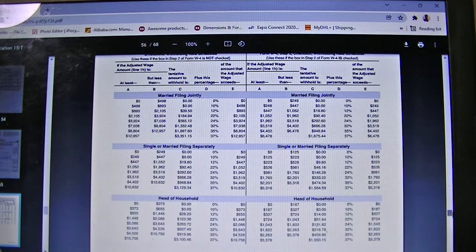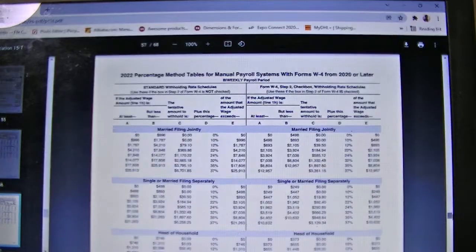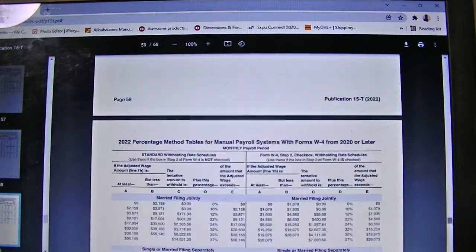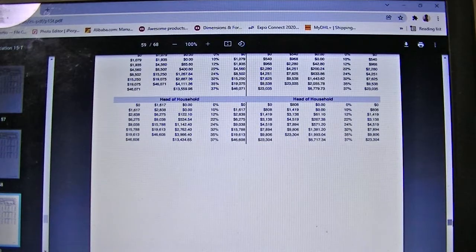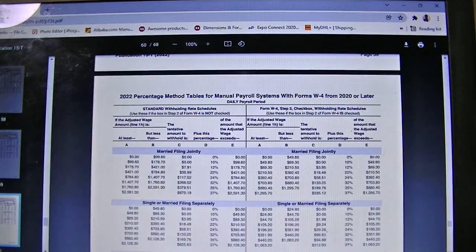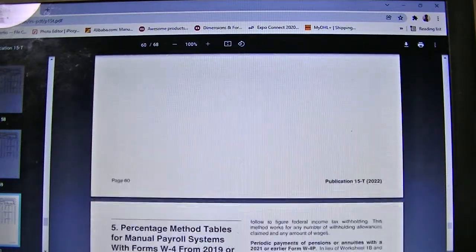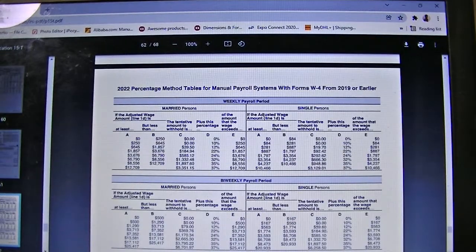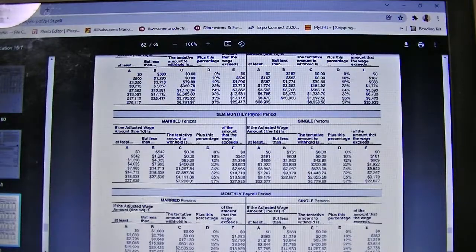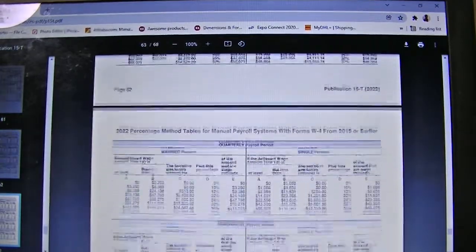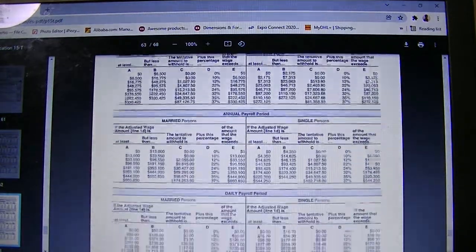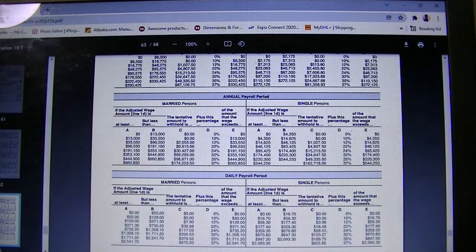And they have the percentage options as well. You'll find annual. That's what I did in this example. We have daily here. I'm looking for annual. Weekly, bi-weekly, semi-monthly, monthly, quarterly, semi-annual, and then annual. So I like to just use that.